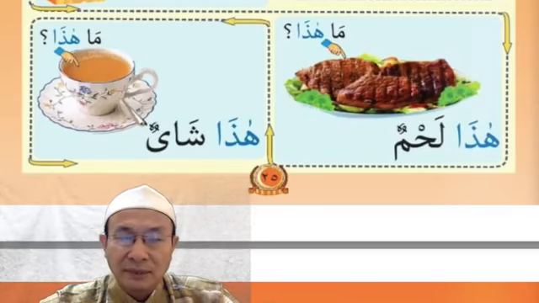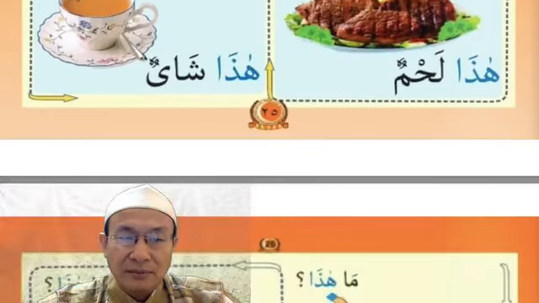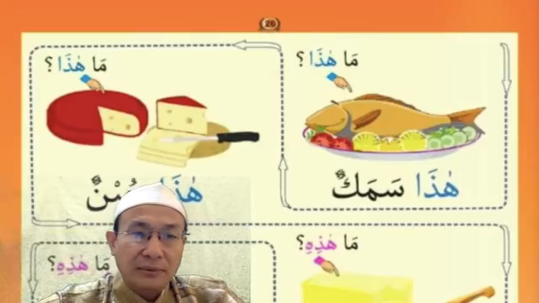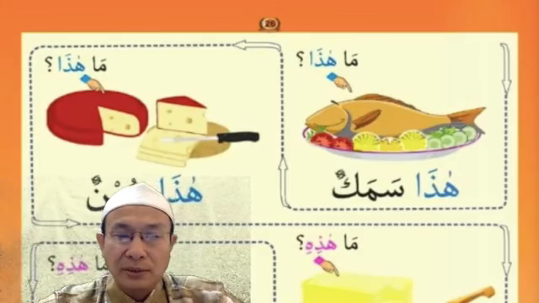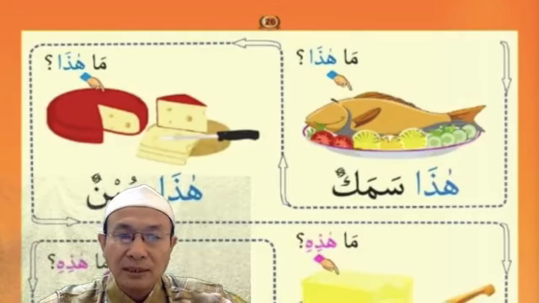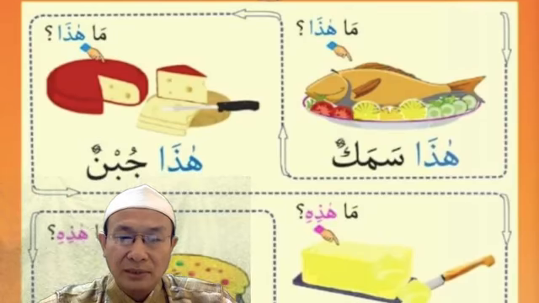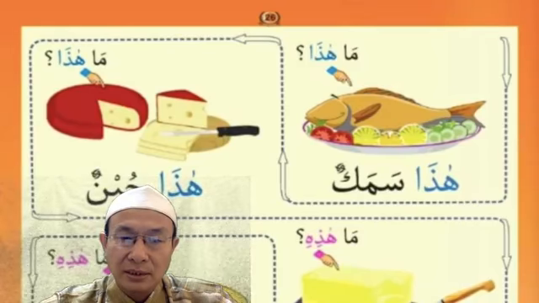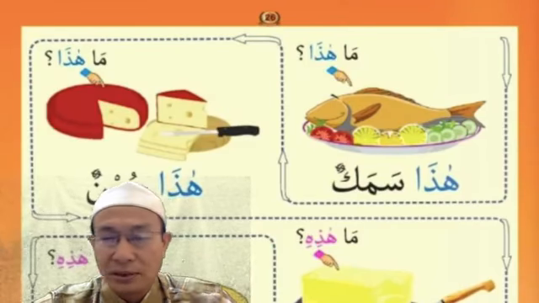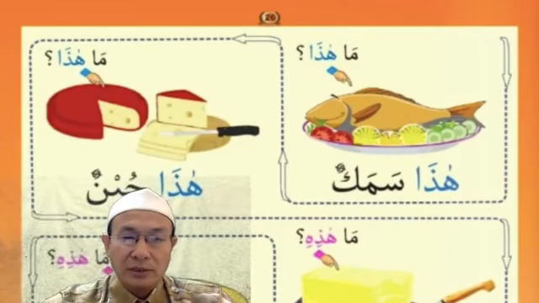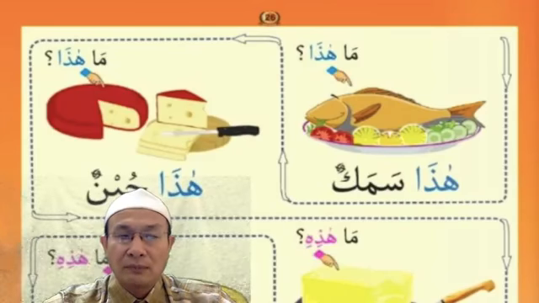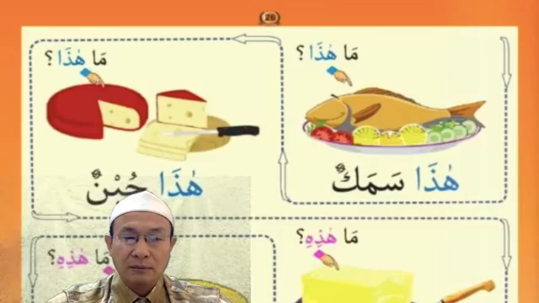Alright? And now let's move on to the next page, page 26. Look at the picture on the right side. What do you see? Yes, you see a fish. Fish is called in Arabic samakun. Samakun.